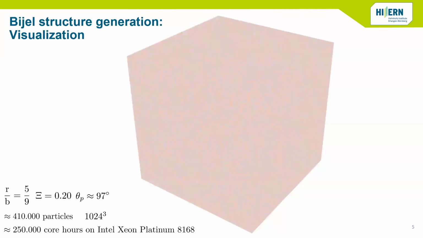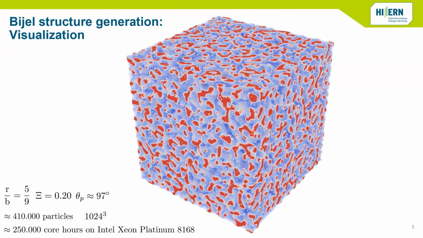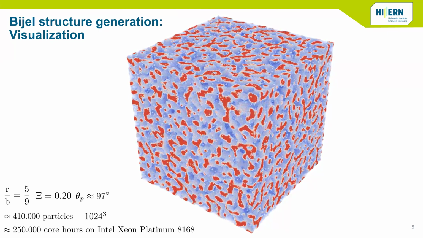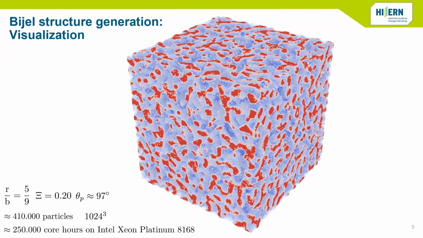For this case, we needed approximately 250,000 core hours on Intel Xeon Platinum 8168 CPUs. There is a phase of very rapid initial domain coarsening, and then when the interface sweeps through the domain, the particles basically get trapped. At some point, enough particles have accumulated at the interface to stop the domain coarsening, and it really slows down to the point where it's almost inhibited.